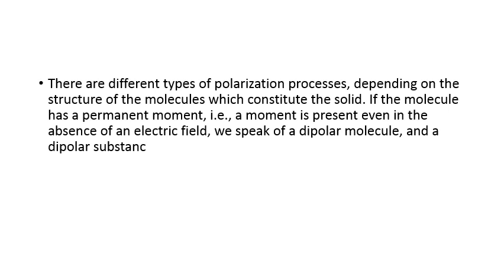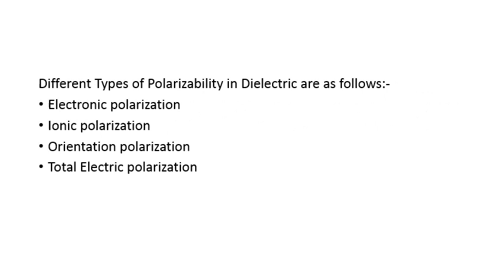A moment which is present in the absence of an electric field, we call a dipole molecule, and the substance is called a dipole substance. We have different types of polarizability in dielectrics, and these are defined as electronic polarization, ionic polarization, and orientation polarization. And finally, we will discuss total electric polarization.